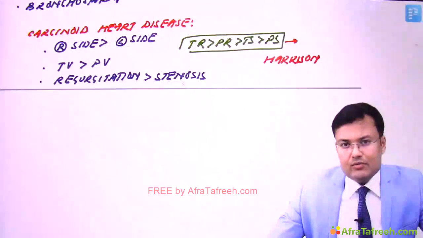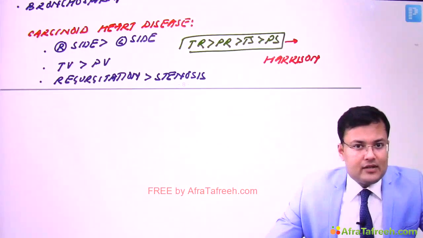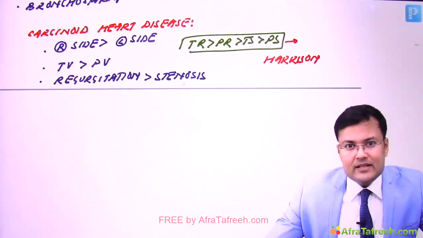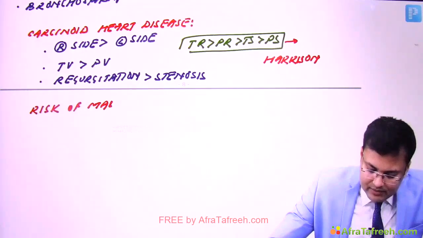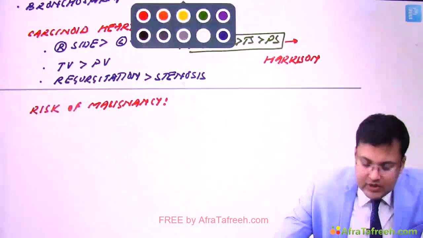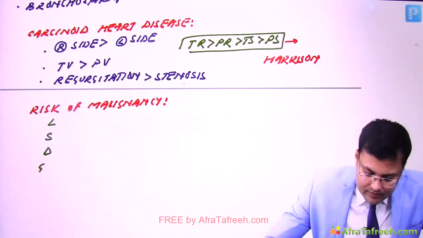Okay, another important point related to carcinoid tumors: what are the factors on which the risk of malignancy depends? There is a mnemonic, and the mnemonic is LSD growth.